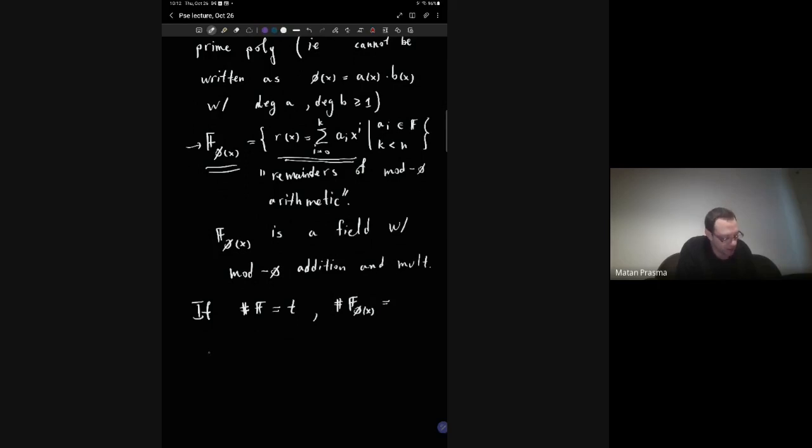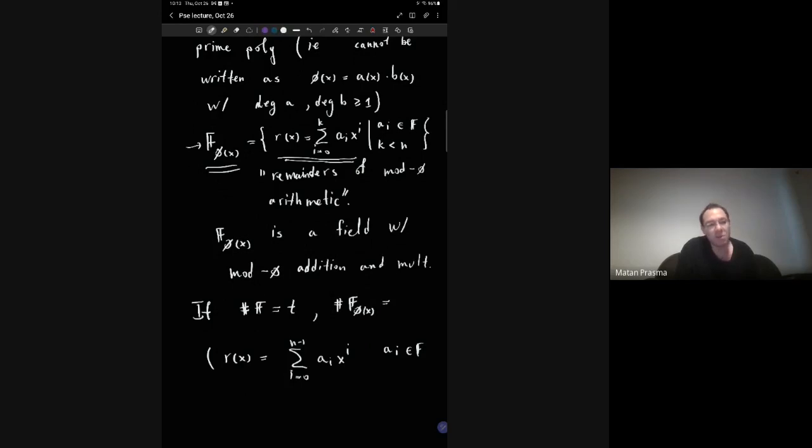Basically, you can always write R as a sum, i equals 0 up to n minus 1, of a_i x^i, where the a_i are in F, but possibly some of them are 0.